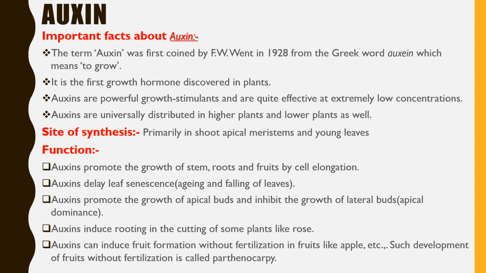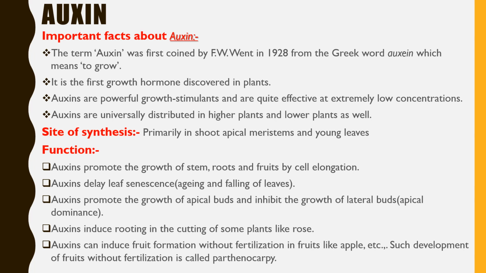Auxins promote the growth of apical buds and inhibit the growth of lateral buds. And this process is called apical dominance. This is the process in which the buds at the tip of the stem grow well, and the growth of lateral buds, which grow on either side of the stem, is inhibited or stopped.